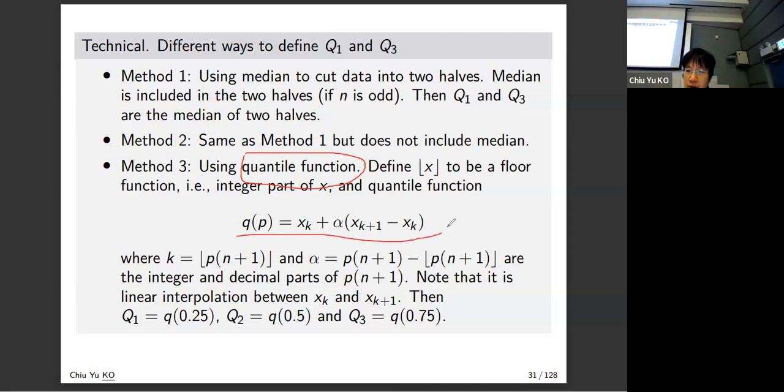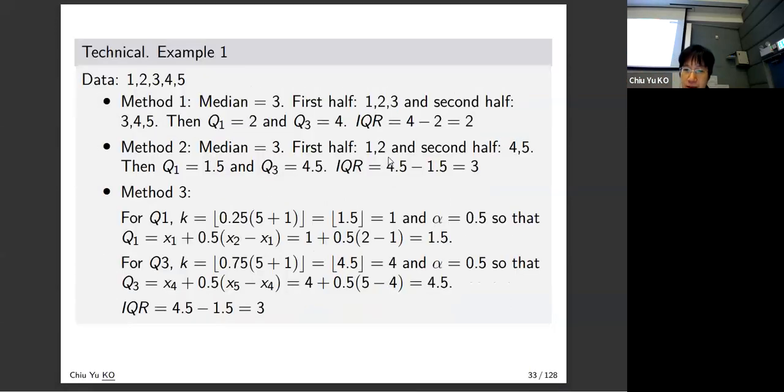This function looks very crazy, so I think it's easier to show the example and then justify what it means, so at least you know what's going on. Look at this: we have data with 5 observations. So n is 5, right? n plus 1 is 6.